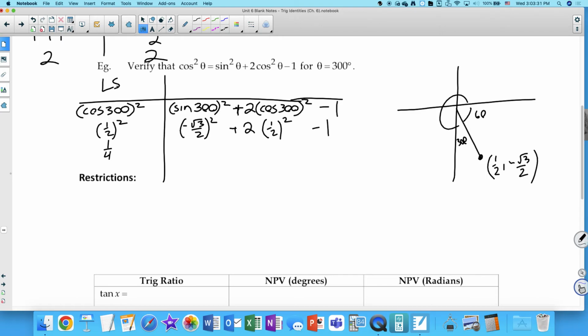Now when I square this, again, it's going to be positive, because negative squared is a positive. The numerator will be 3, the denominator will be 4, 3 over 4. And then over here, I'm going to get 2 times 1/4, so 2 over 4. I know you could write that as 1/2, but I'm thinking ahead.